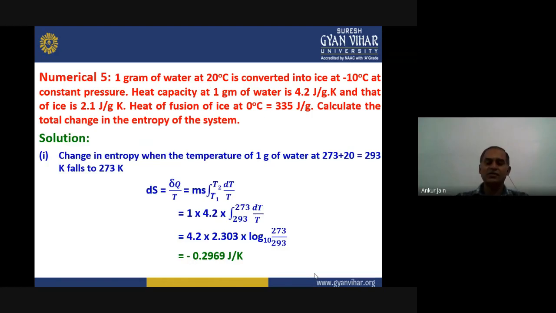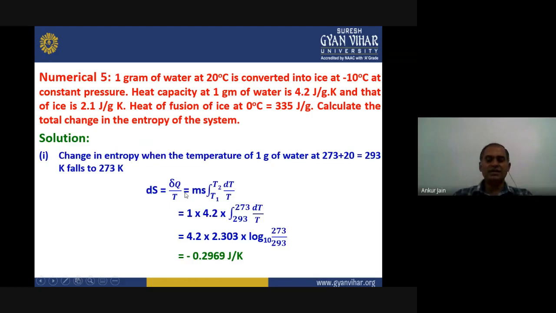First, we will calculate the change in entropy when the temperature of 1 gram of water goes from 20 degrees, that is 273 plus 20 equals 293 Kelvin, down to the temperature of ice at 0 degrees. It is 20 degree water to 0 degree water, then it will change into ice from 0 degree ice to minus 10 degree. So first we are calculating for the first part.